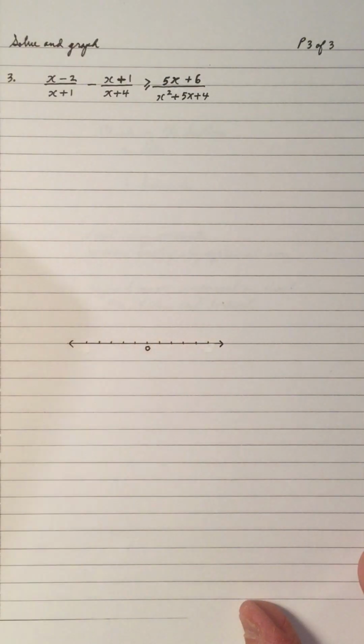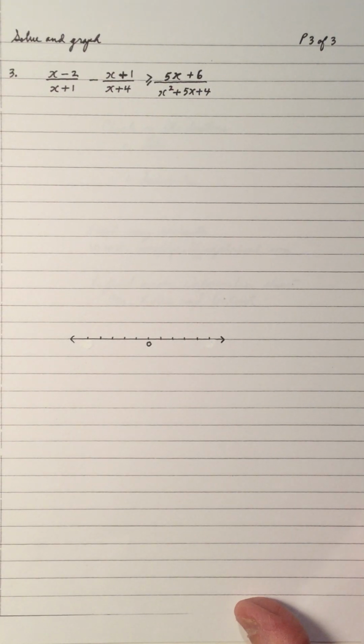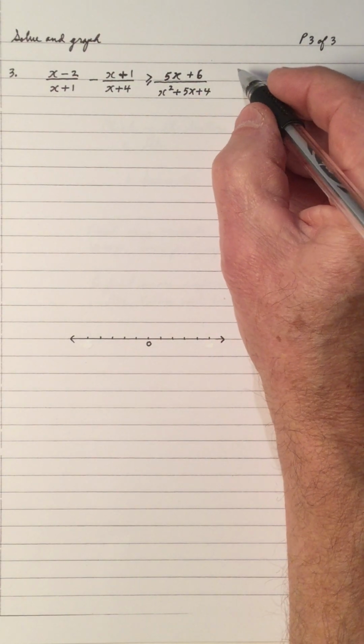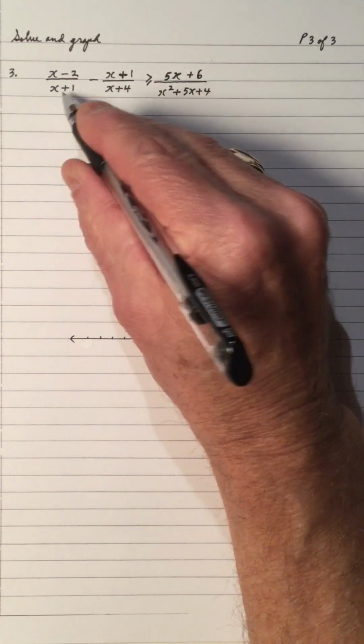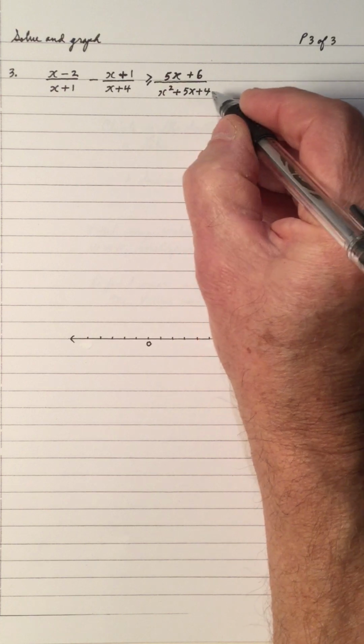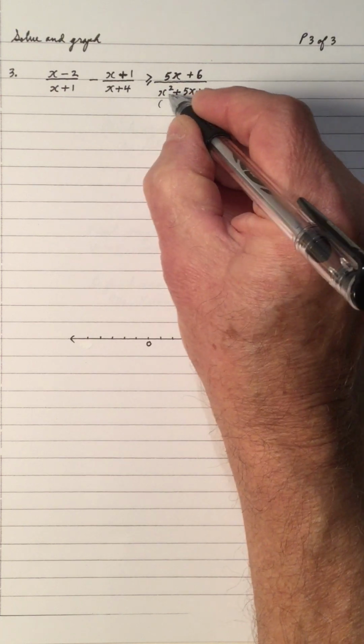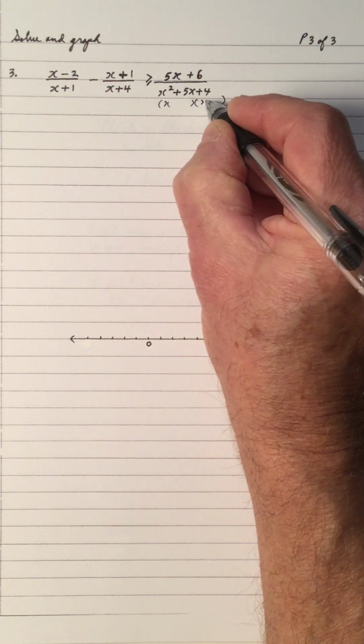Okay, let's continue. Now we have another one to do, but this time it's a little bit different because we have rational expressions in our denominator. So first of all, I have x plus 1, x plus 4, and this is a quadratic here, and let's see if it's factorable. x times x is x squared.